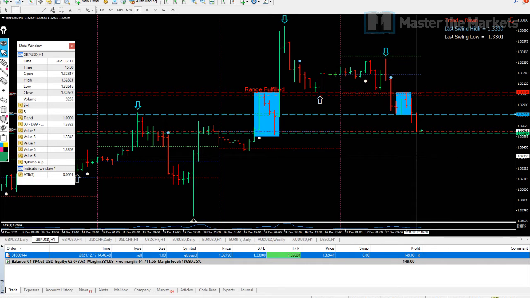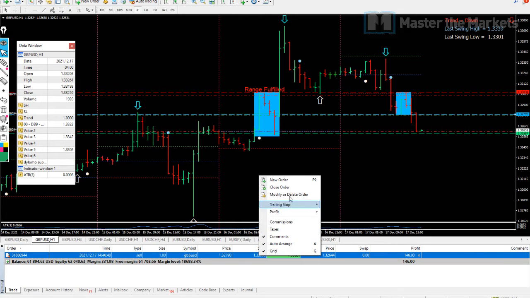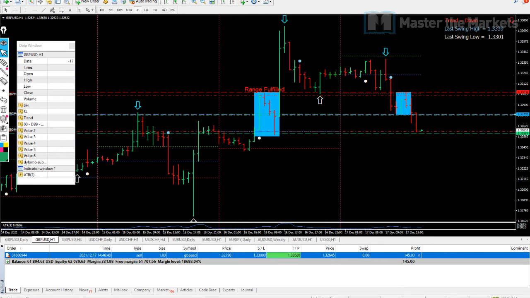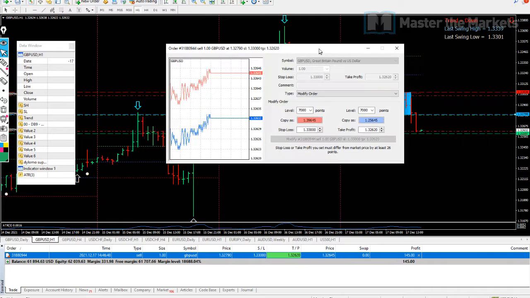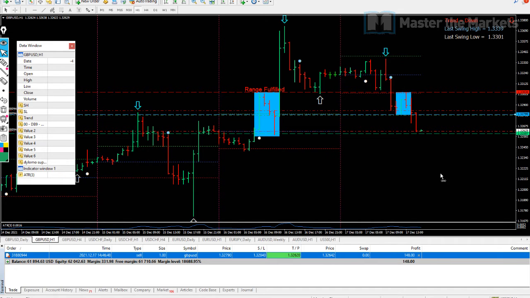The high is 3282. So we would trail it to 3283 on the high, and with spreads as well, 3284 is what we will be trailing it to. All you need to do is get that in here, 3284, and then modify it.